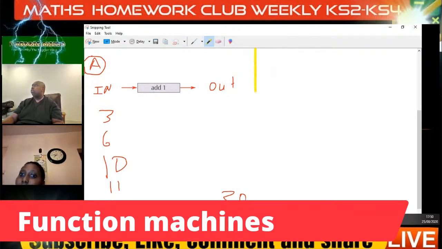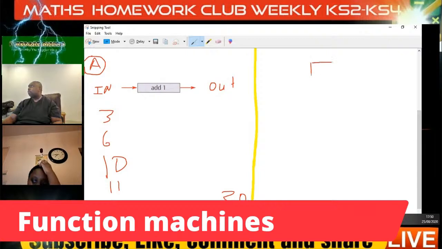And the next one, the function is input, output.